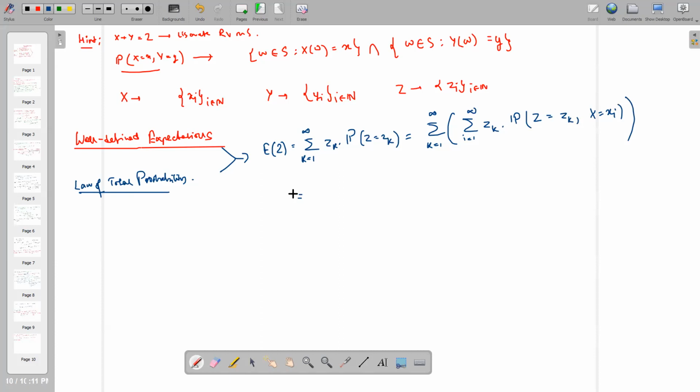Now we can change the summations. So that's what we'll attempt to do.